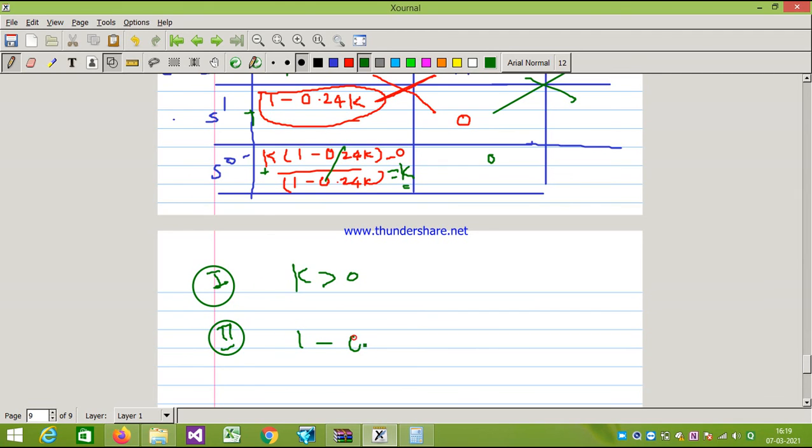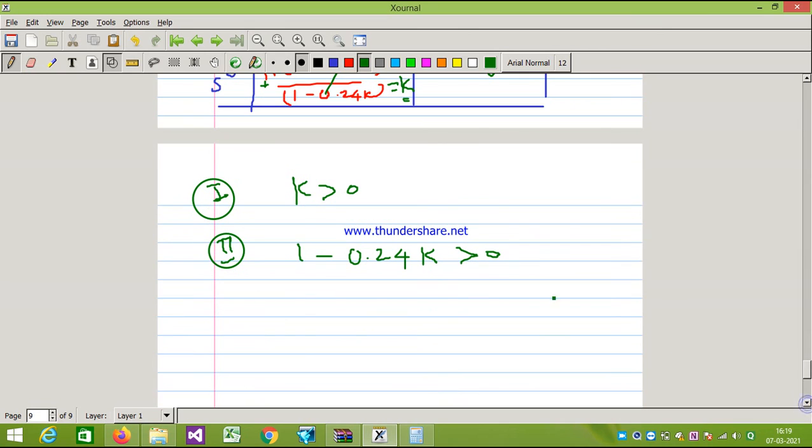1 minus 0.24K is greater than 0. Now when we shift this to the other side, 1 is greater than 0.24K. Now 0.24 is multiplied here, when we shift it to that side it becomes divide. So 1 divided by 0.24 is greater than K. So what is the K we get?